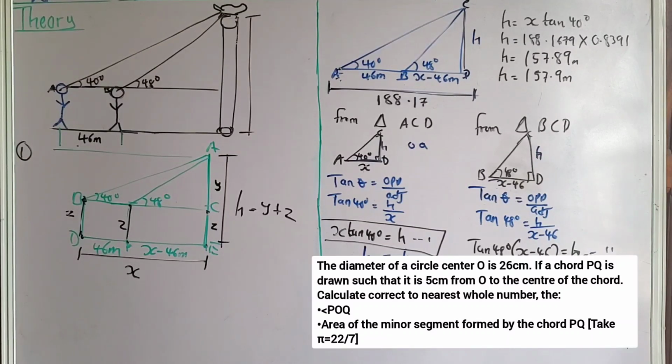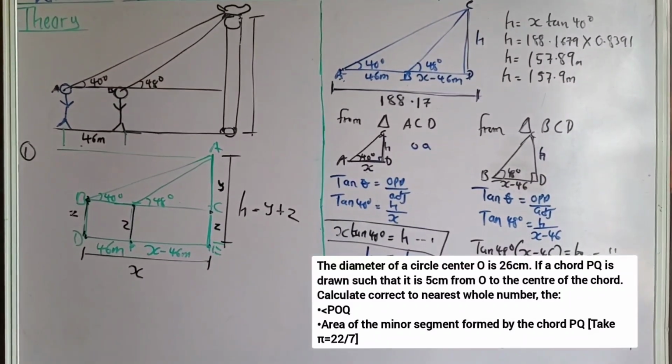Now, the diameter of a circle center O is 26 meters. If a chord PQ is drawn such that it is 5 centimeters from O to the center of the chord, calculate, correct to the nearest whole number, A, the angle POQ, B, the area of the minor segment formed by the chord. Now, first step is to draw the diagram, okay?